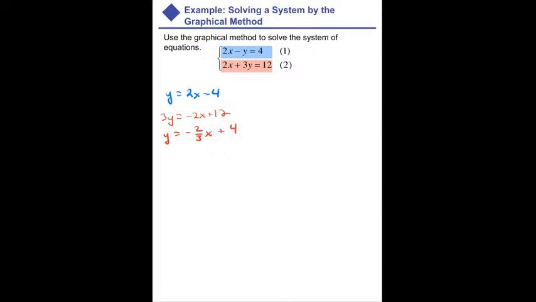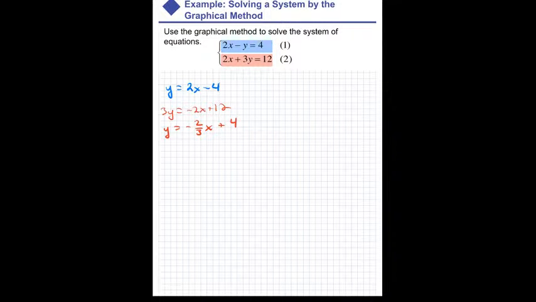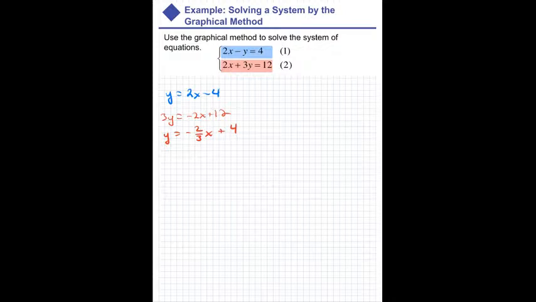Let's do some graph paper. We'll do positive x in this direction and positive y in this direction.